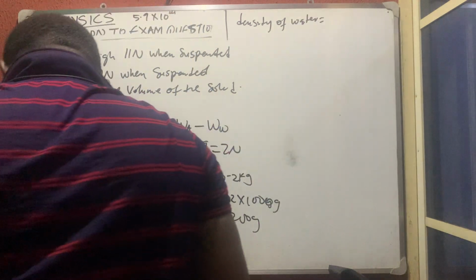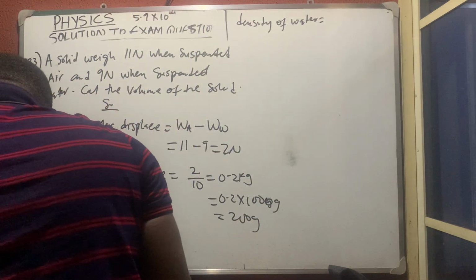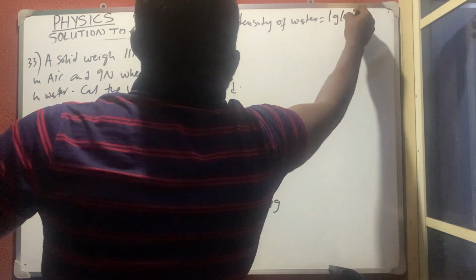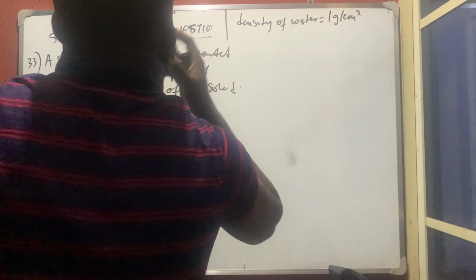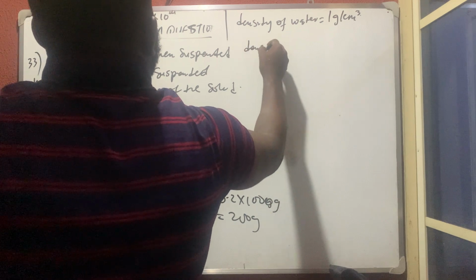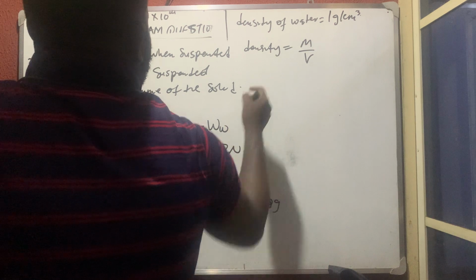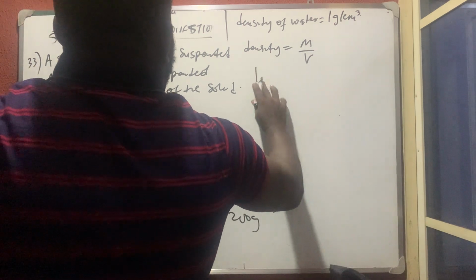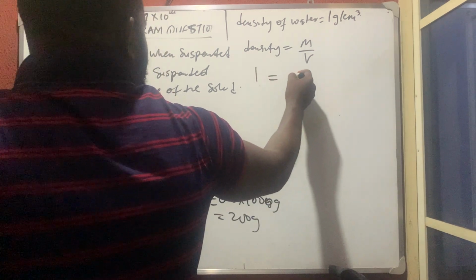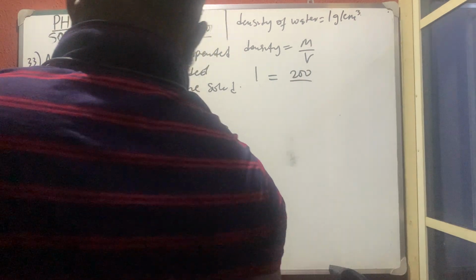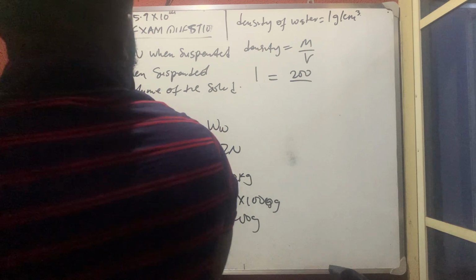Density is equal to mass over volume. So 1 is equal to 200 divided by volume. You know why I used 1? Let me show you.